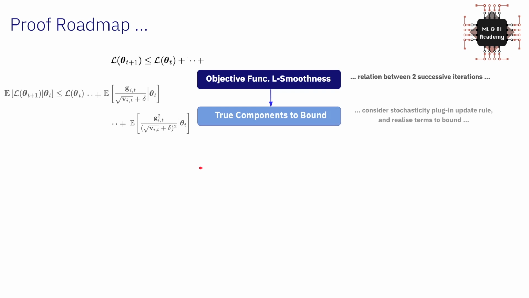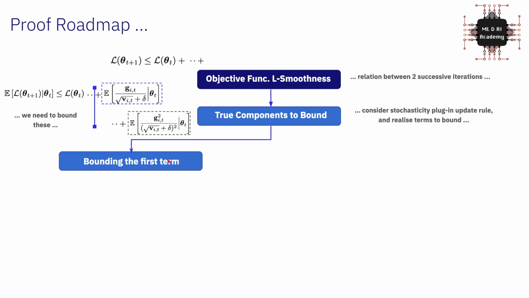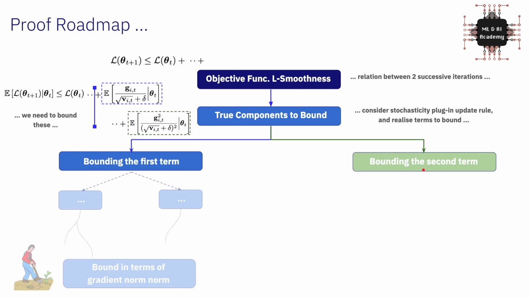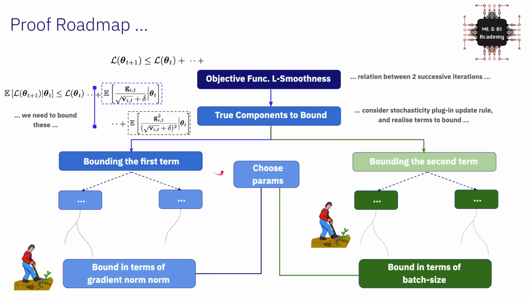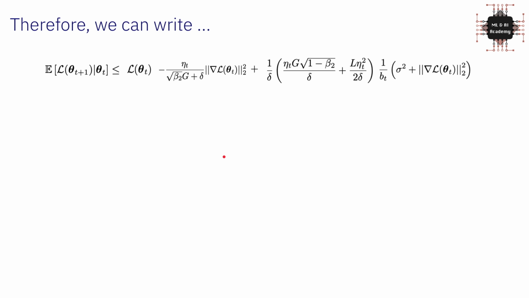Right. So now where are we? Remember, we had L-smoothness. We went to component bounds. We bounded the first term. We bounded the second term. And we dug into these to bound them. Now we need to substitute back and choose parameters. So let's do that.